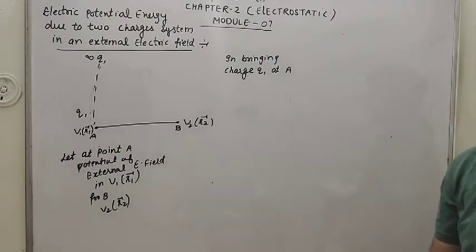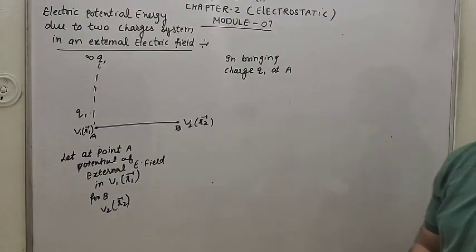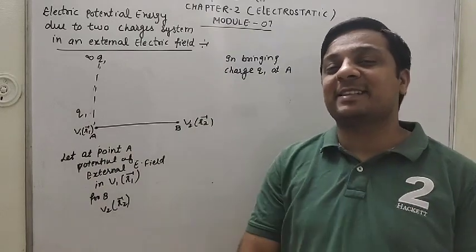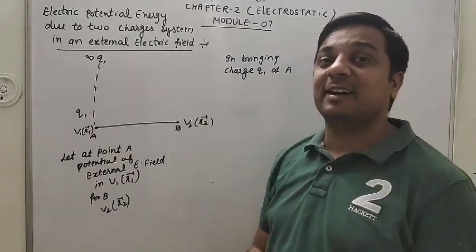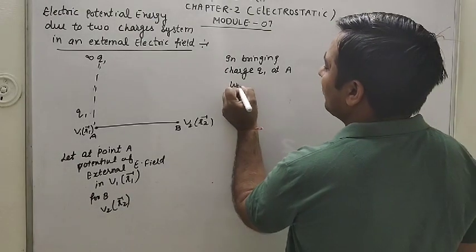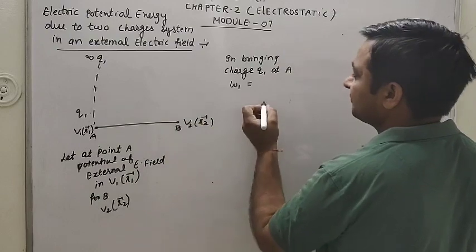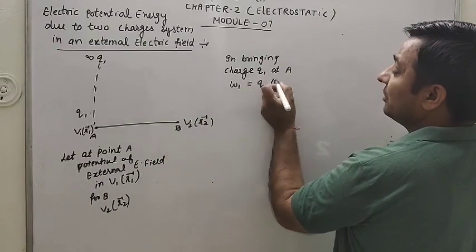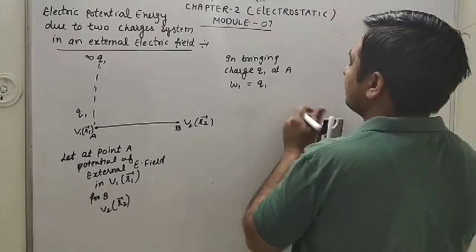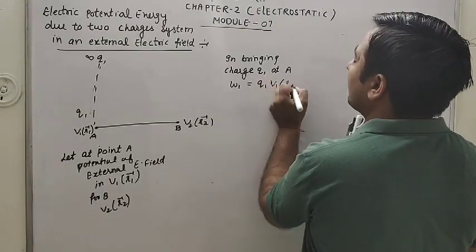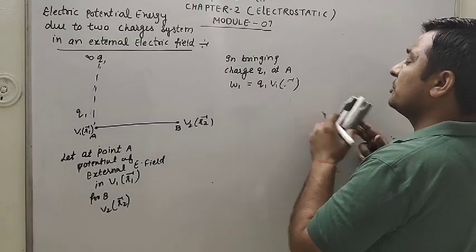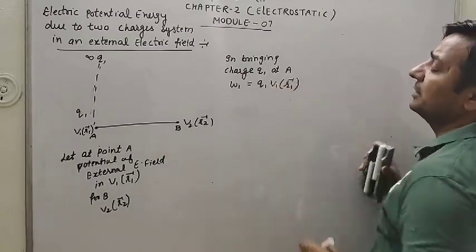Yes, work will be done, because there was already a potential of the external electric field, of the external charge. So the work W1 will be q1 V1(r1), because this is the potential. r1 denotes the position vector in that external field.